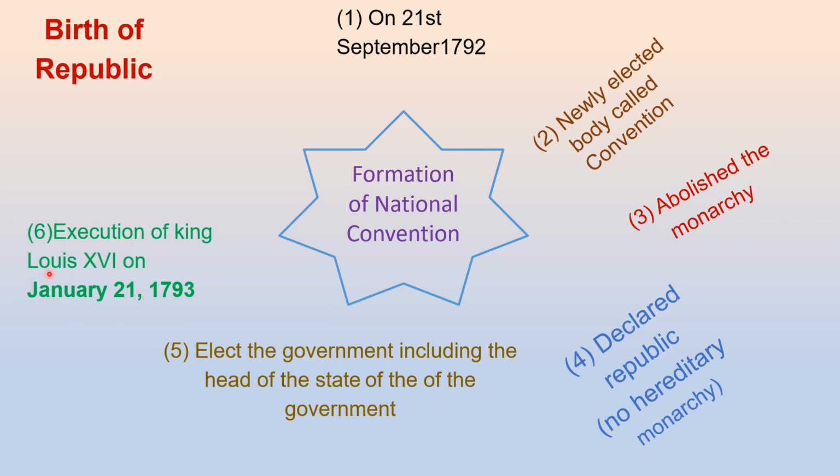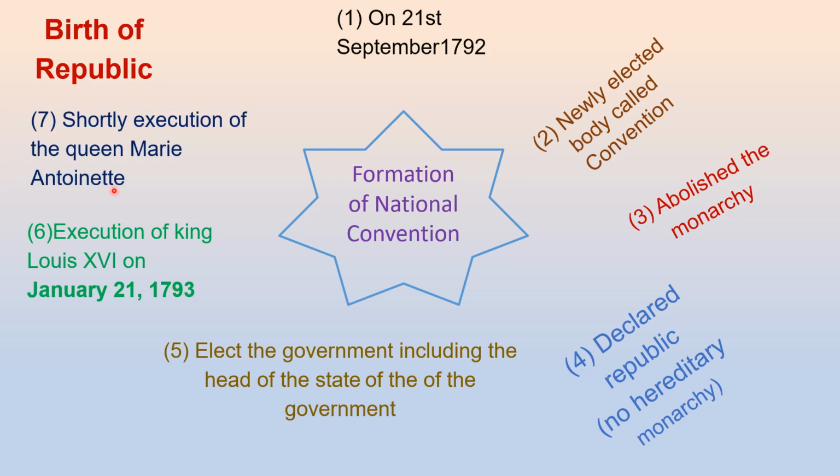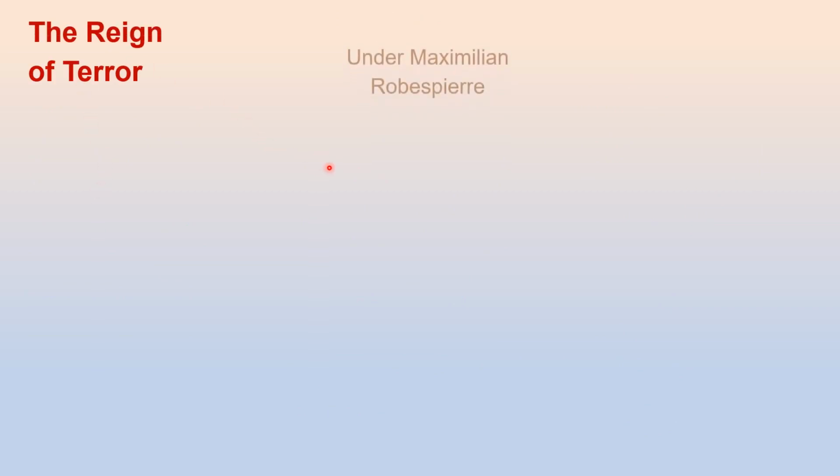Execution of King Louis XVI on January 21st, 1793. Shortly after, the execution of Queen Marie Antoinette.